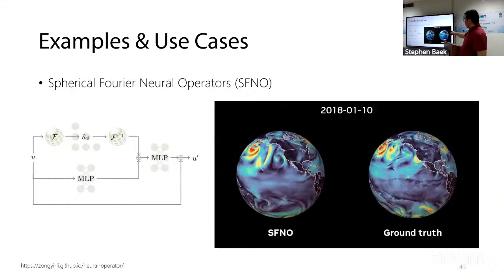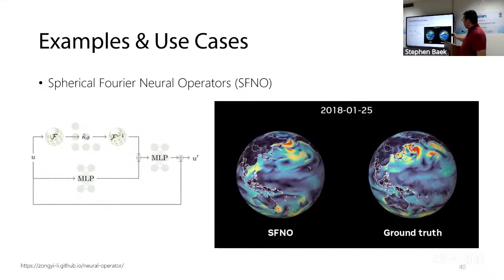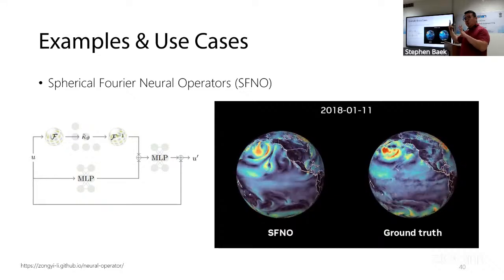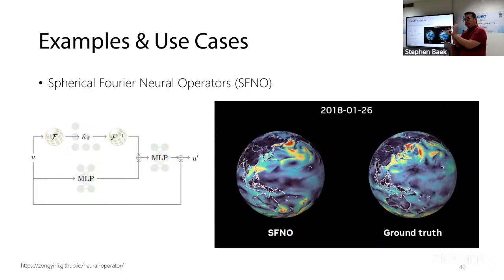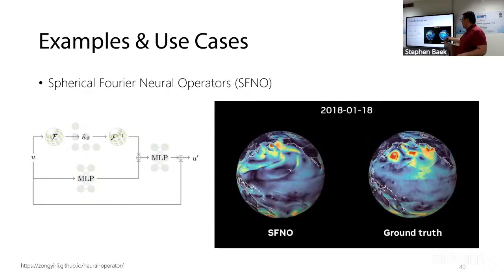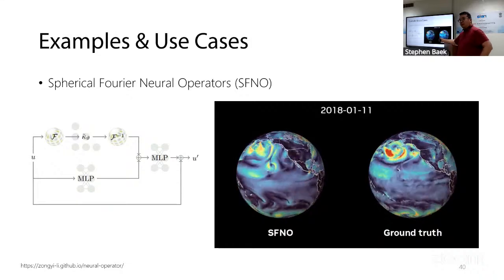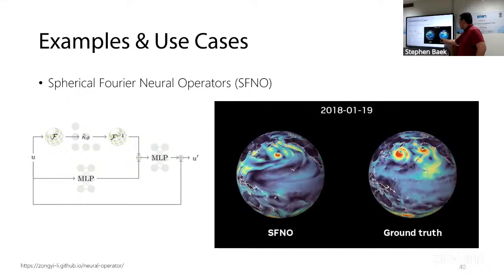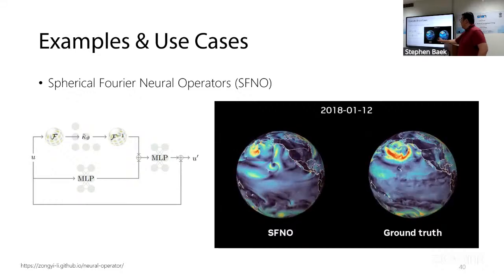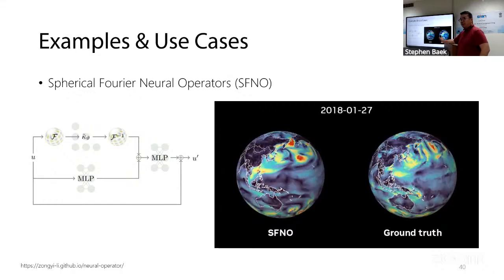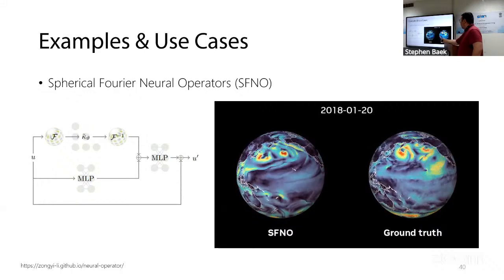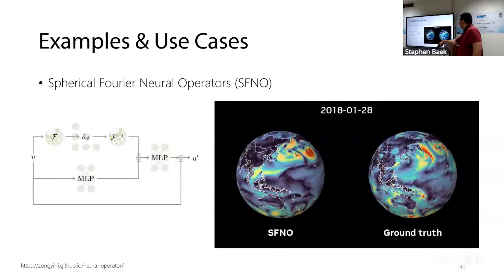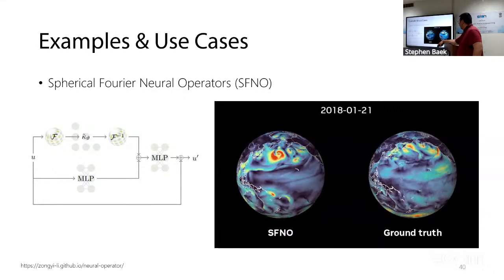To talk about the technicality a little bit, because the Earth surface is not the usual Euclidean space but a sphere, they defined a spherical Fourier transformation. Using that, they defined the spherical Fourier neural operator layer. From there, they were able to predict, I think this one is the temperature field.